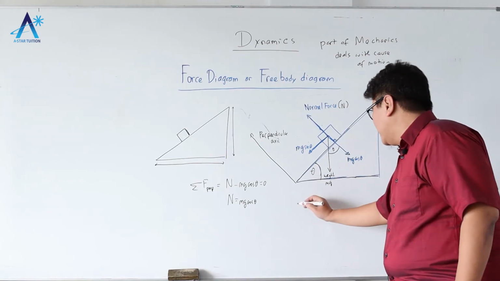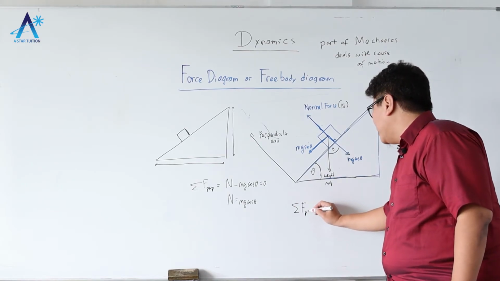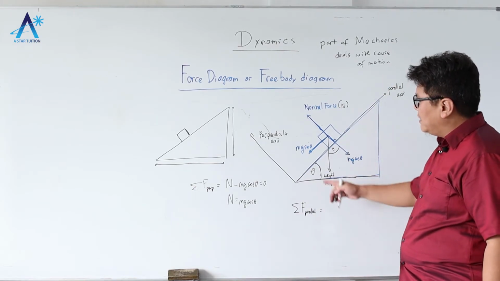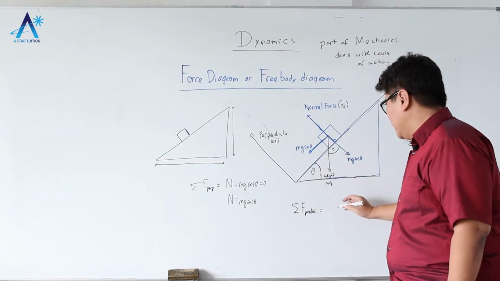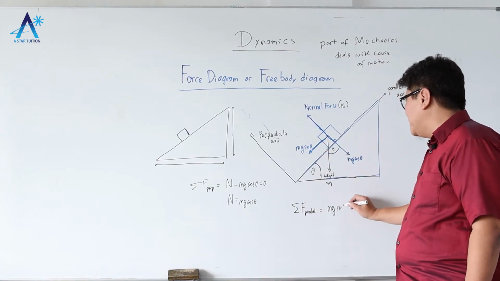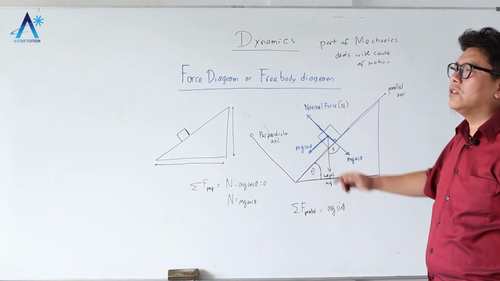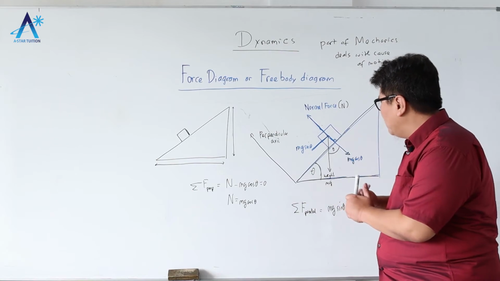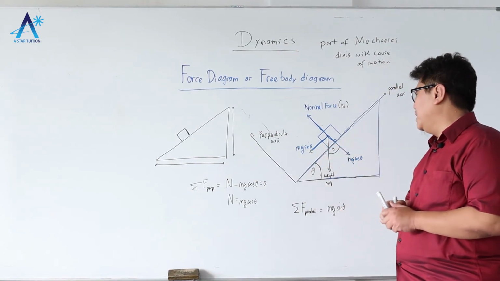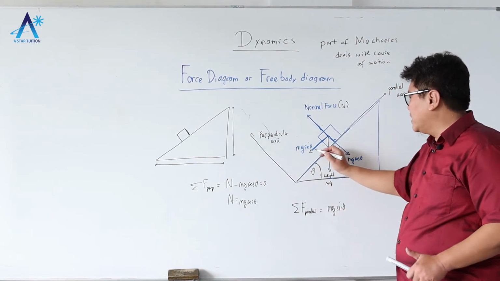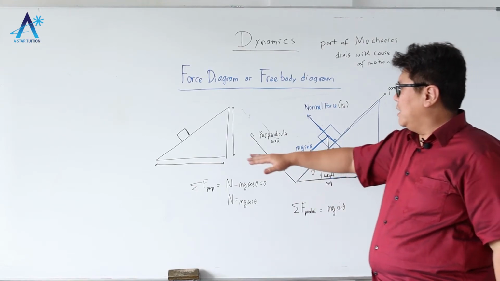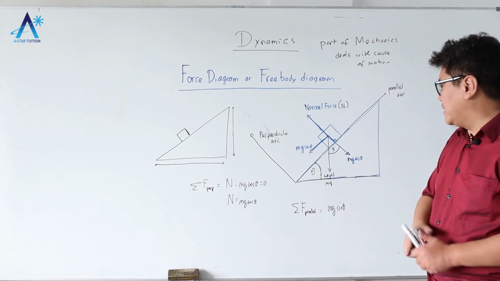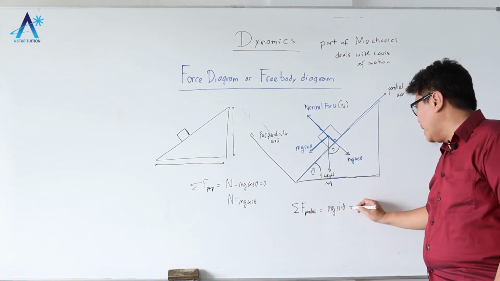Now for the resultant force in the parallel direction, you can see there's only one force, and this is unbalanced, mg sine theta. Unbalanced means that there is no other force that counters it, meaning that in the minimum configuration, the object that you put on top of an inclined plane will always slide down. And the amount of acceleration, remember, sigma F equals ma.